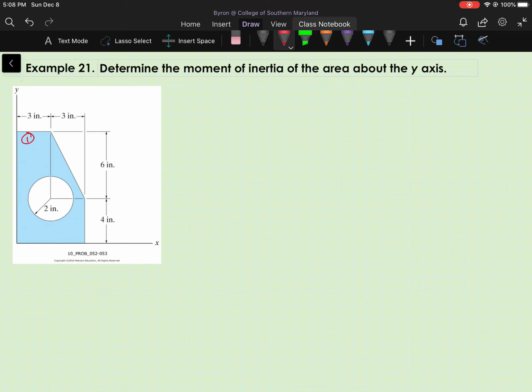I'm going to let this triangle here on the right be area 2, and that's going to be a negative area, or have a negative moment of inertia that will subtract out when we sum up the individual moments of inertia for each of the areas. And the circular area will be area 3, and that will also be a negative area.